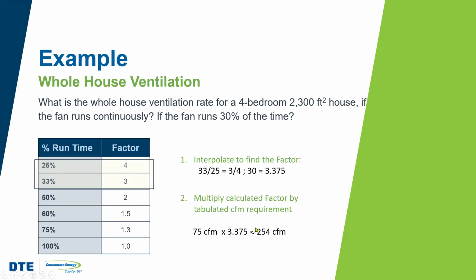And then we would multiply that factor by our 75 CFM, which is our continuous rate, and we would see that the ventilation rate we would have to provide would be 254 CFM. And that would be for a fan that ran 30% of the time. So that's either 20 minutes out of every hour, or about 72 minutes for every 4-hour period.